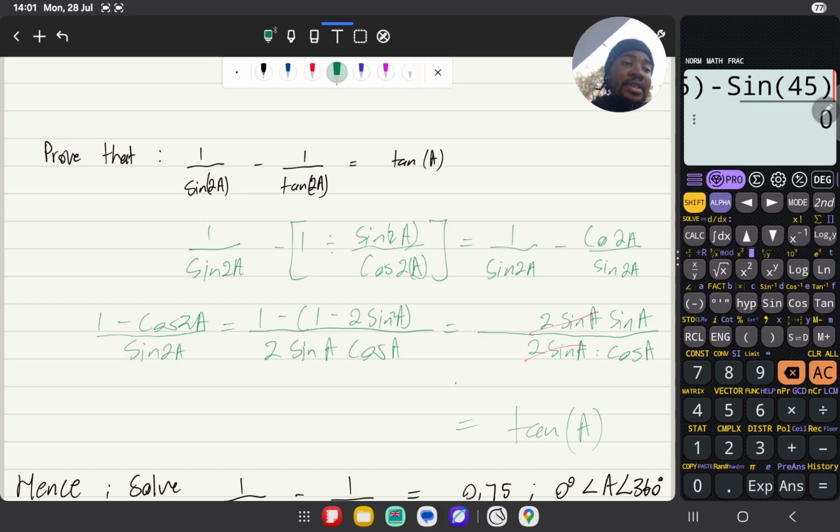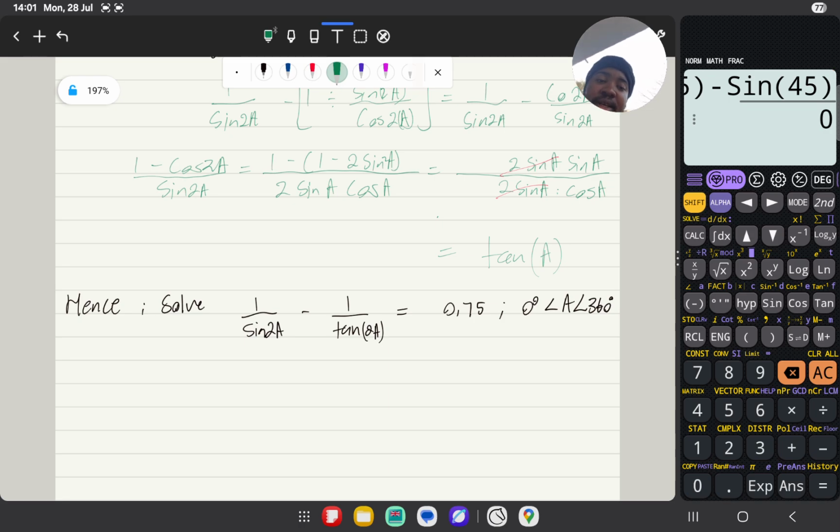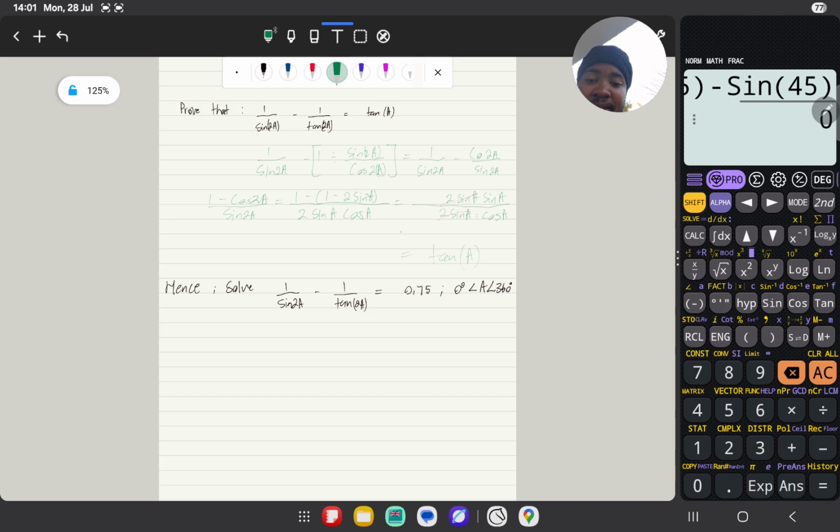And now I can say the left and the right are equal. Very beautiful. And hence they say solve for this. We proved that this whole thing is equal to tan a.